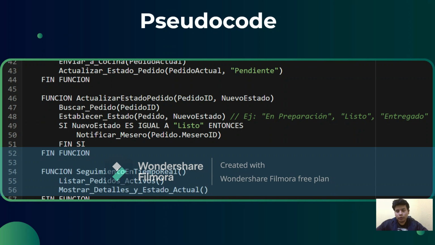The status changes to in preparation, ready, and finally delivered. A key part of this function is that when the status changes to ready, the system automatically triggers a notification to the waiter.